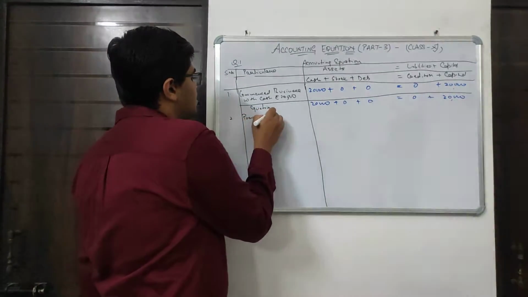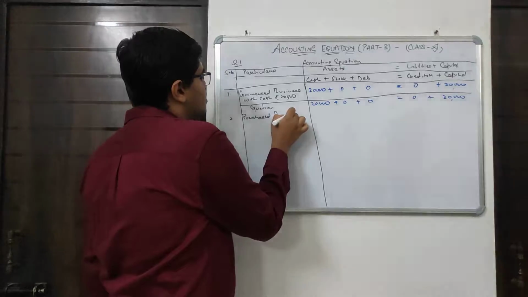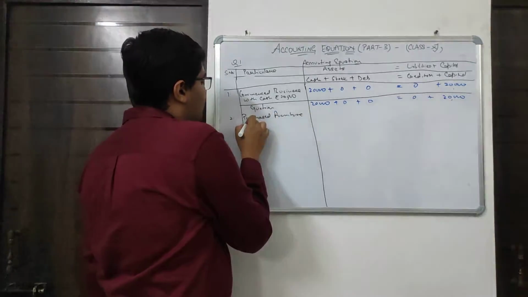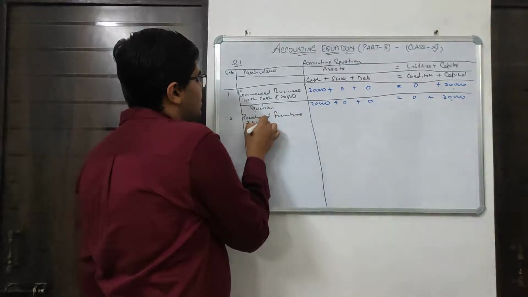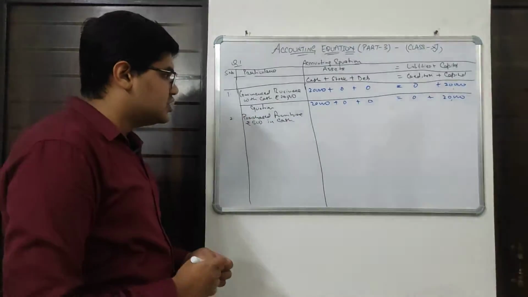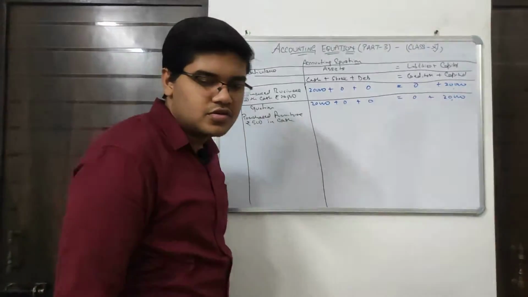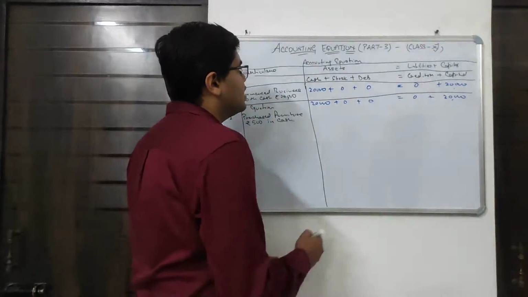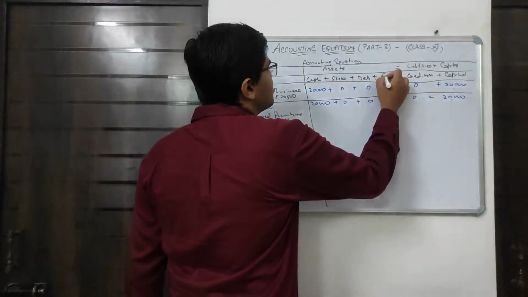Purchased furniture for 500 in cash. Since we are purchasing the furniture, furniture is an asset, so you have to include here one more asset, that is furniture.